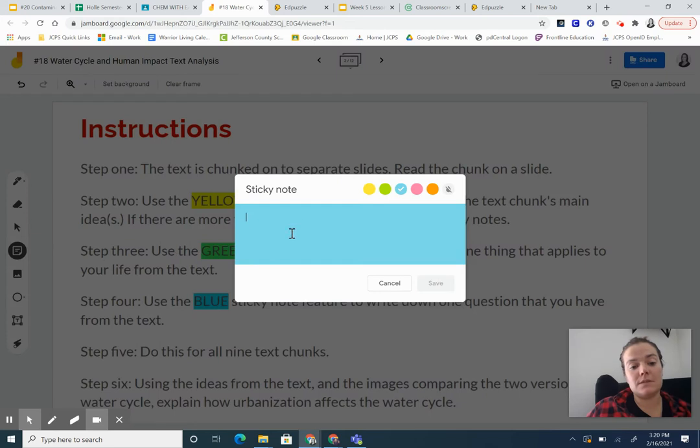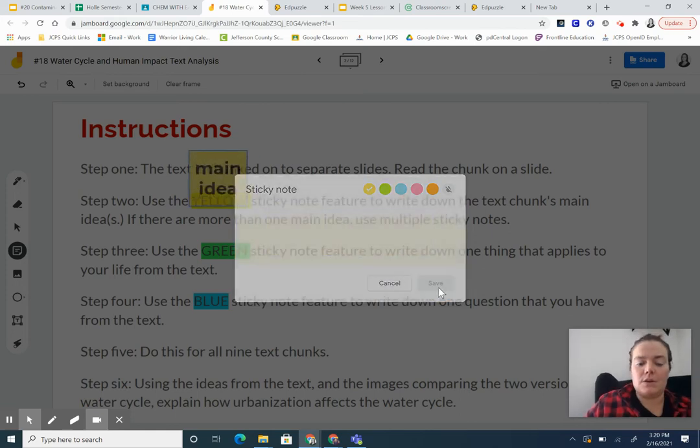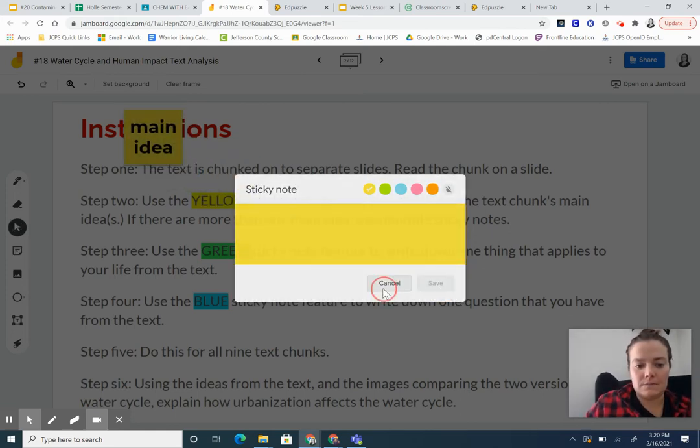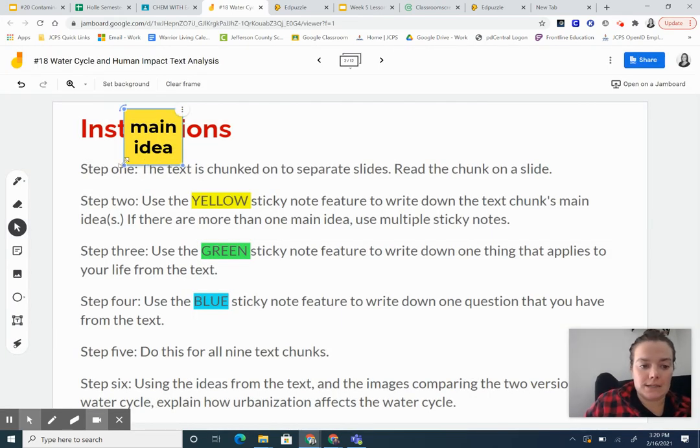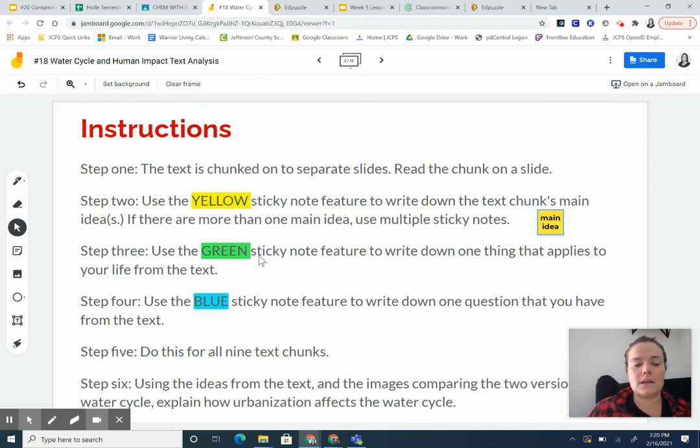You're going to use the yellow sticky note to write whatever the main idea is. The green sticky note, I'll make that tiny over here just so we can see what it looks like. The green is going to be something from the text that ties back to your life.